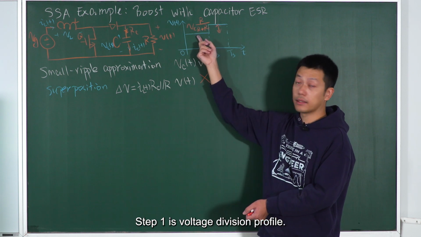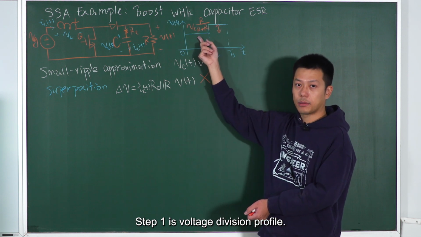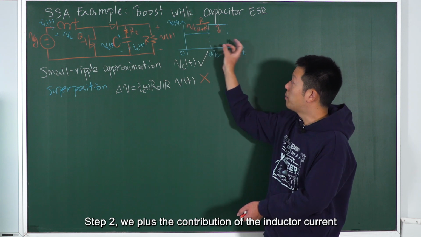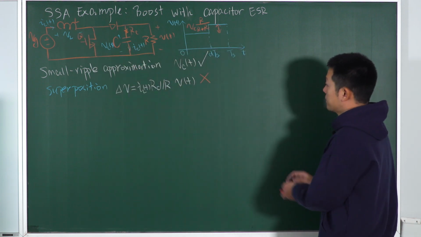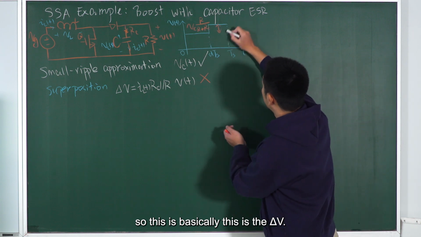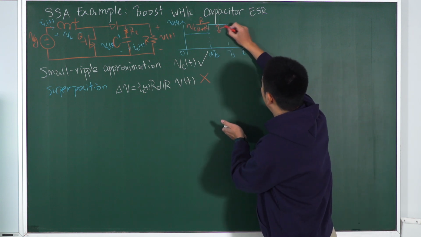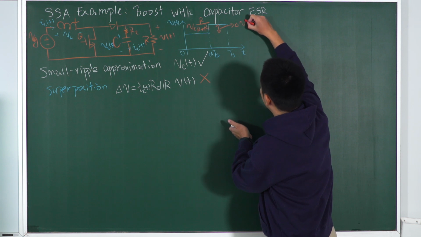Step 1 is the voltage division profile. Step 2, we plot the contribution of the inductor current, which is basically the delta V.